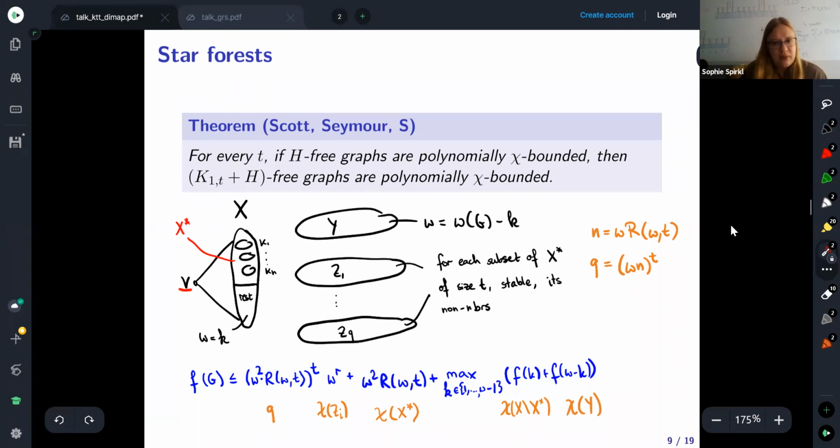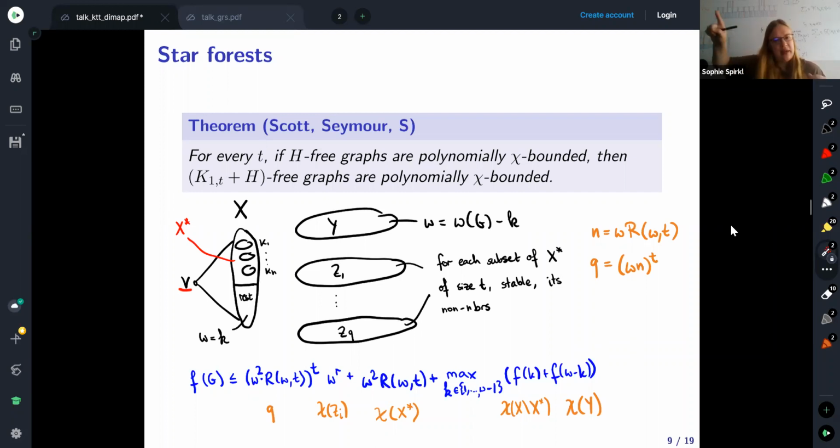And now here we have a set of clique number k and a set of clique number omega of G minus k. So applying induction, for some k between 1 and omega minus 1, we get the sum of f of k and f of omega minus k. And if you think of f of k being a polynomial, then this is a sum of a convex function.